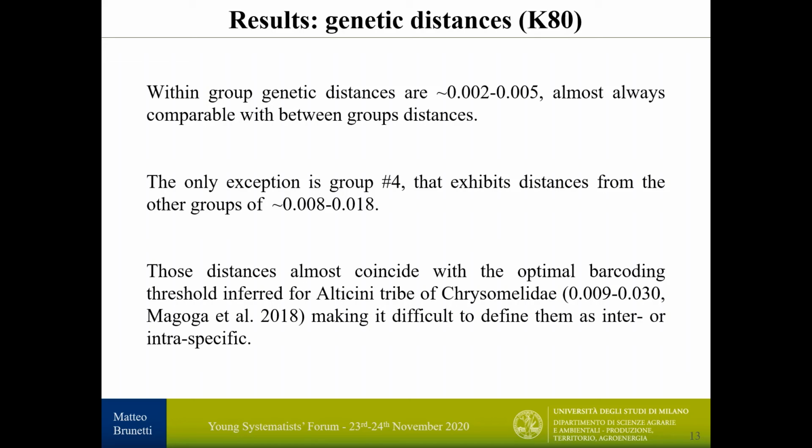Only group 4 exhibits higher distances, of about 0.8 to 1.8% from other groups, but those distances coincide with the optimal barcoding threshold inferred for the Alticini tribe of Chrysomelidae, and so it is difficult to define them as inter or intraspecific, but to be conservative, it is probably better to consider them as intraspecific.